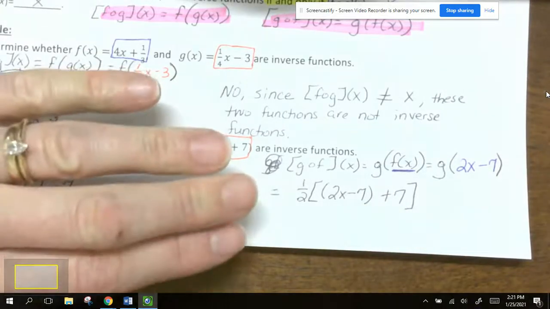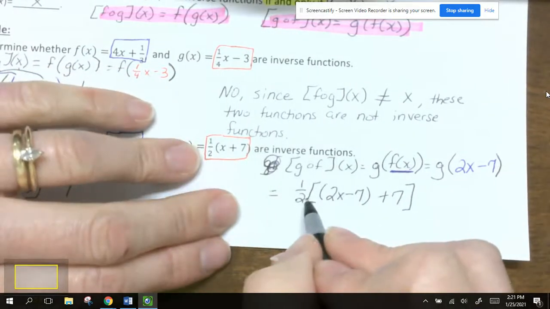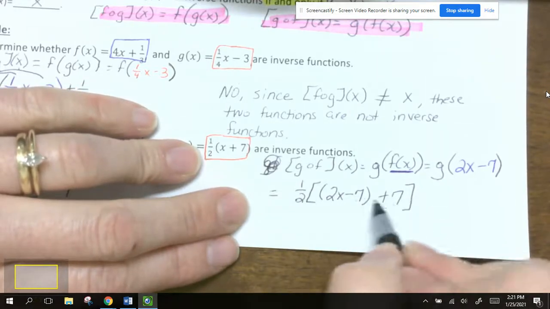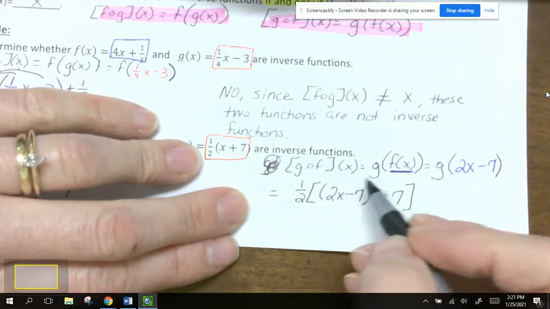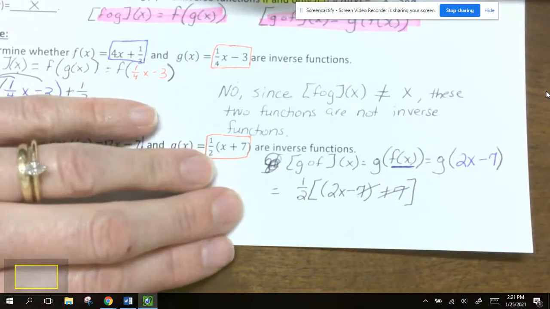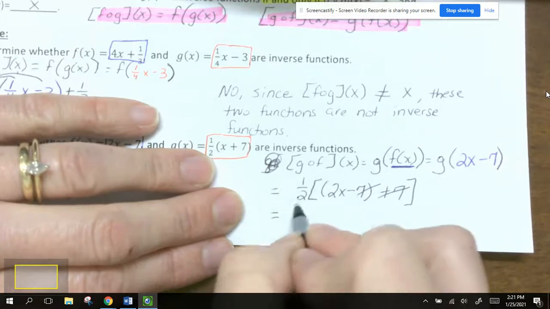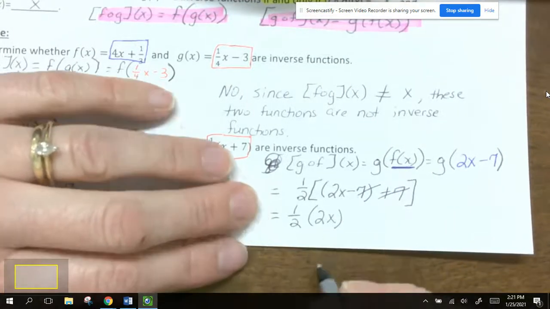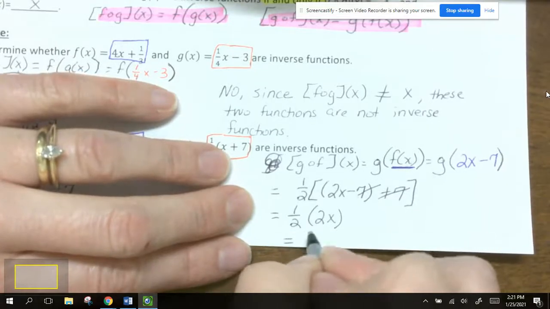Now, minus 7 plus 7, both of those are in here, so those are going to go away, and that's going to be 0. Then that leaves me with 1/2 of 2x. Well, half of 2 is 1, so that'd be 1x.